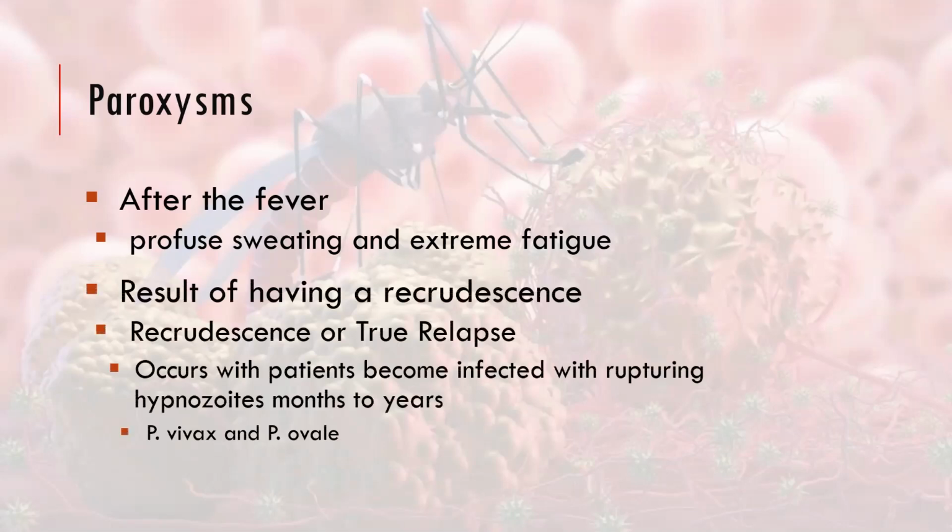Okay? Recrudescence or true relapse occurs when the patient becomes infected with rupturing hepatocytes months to years later. Ano ibig sabihin nun? Nawala na, bumalik? Oo. Nawawala tapos biglang babalik. And this true relapse is seen in vivax and ovale.